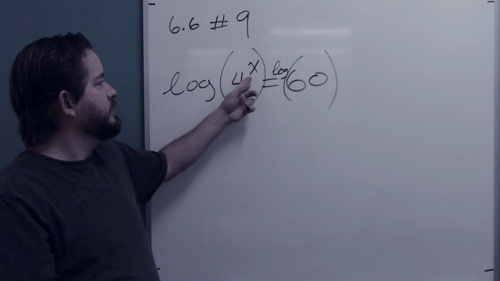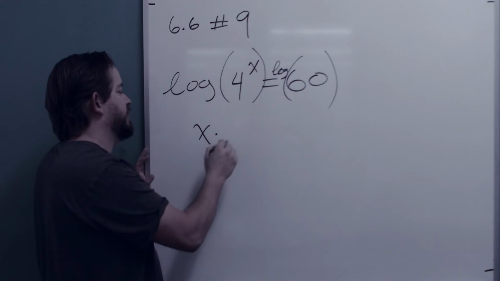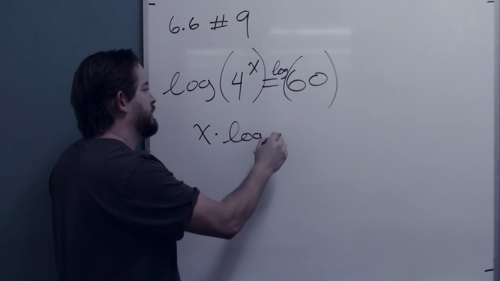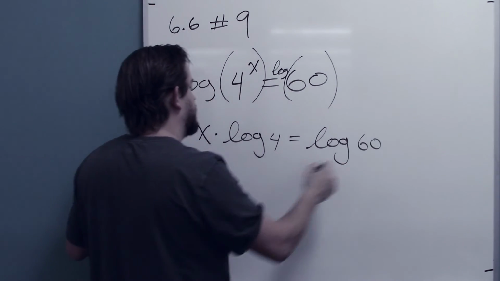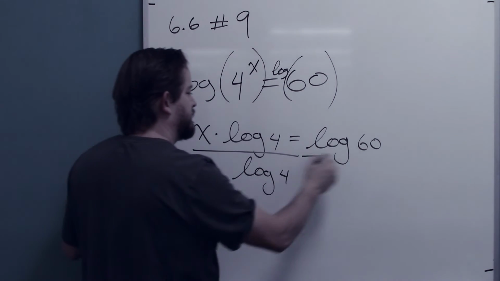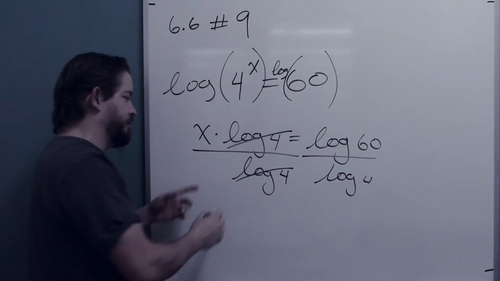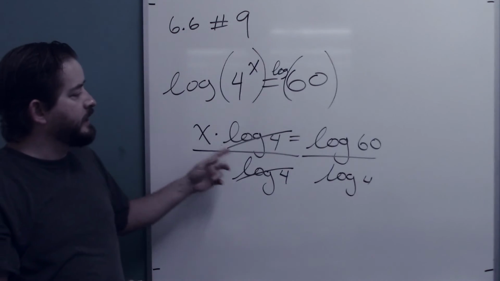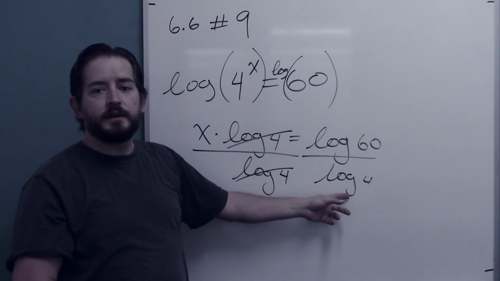Use that power rule that takes the x in front, and so I have x multiplied by the log of 4 is equal to the log of 60. And then just divide each side by this log of 4. Right? I've isolated my x on the left-hand side. It is the result of whatever the log of 60 divided by the log of 4 is.